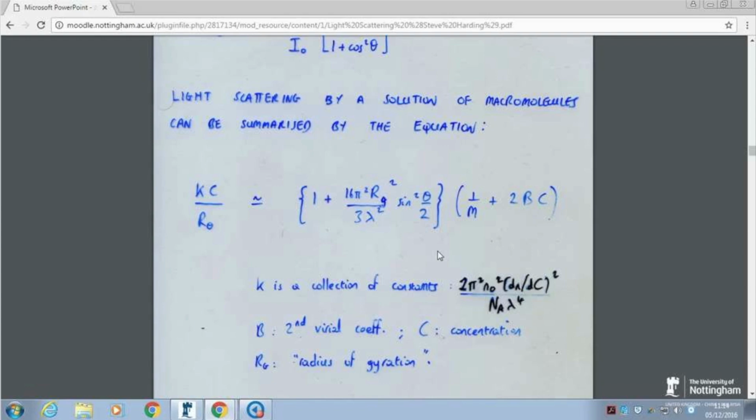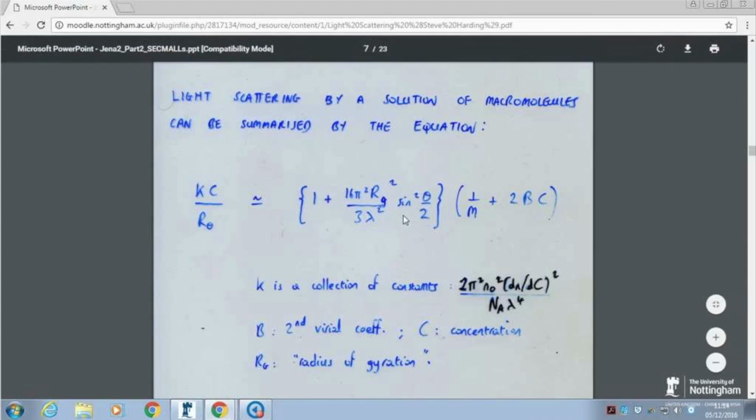If theta is 90 degrees, sine theta is 1. Good. So if we work at a very low angle, where this is close to 0, and it's divided by 2 anyway, then all this lot is 0. So this just becomes Kc over R theta equals 1 over M plus 2Bc. That's right.